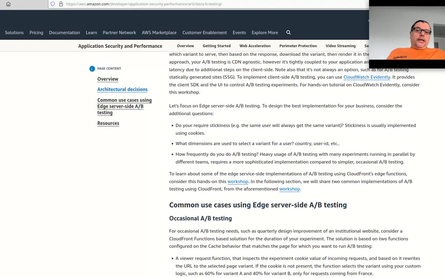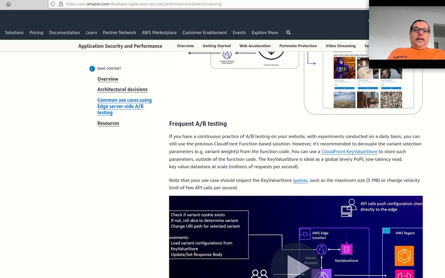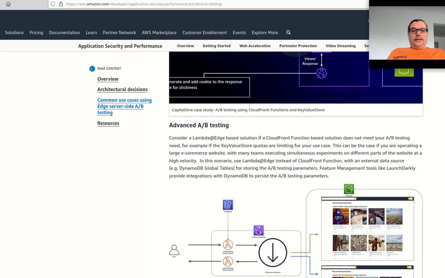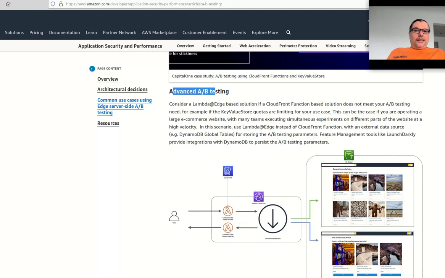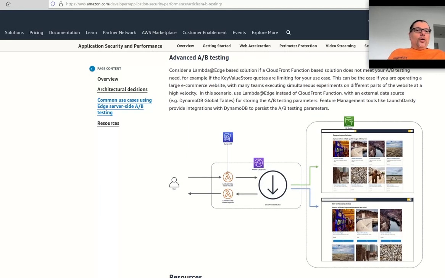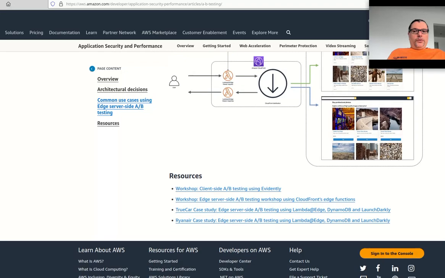AWS, for example, changed the case study into occasional A/B testing, frequent A/B testing, and advanced A/B testing, where you actually use some much more advanced logic on where to send the users.